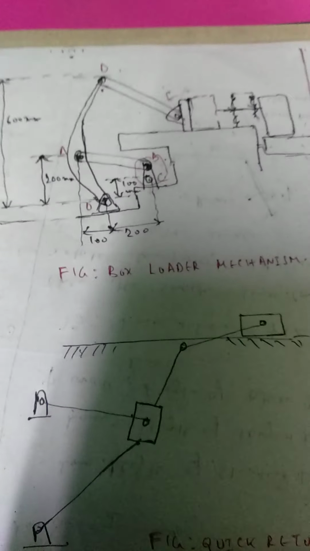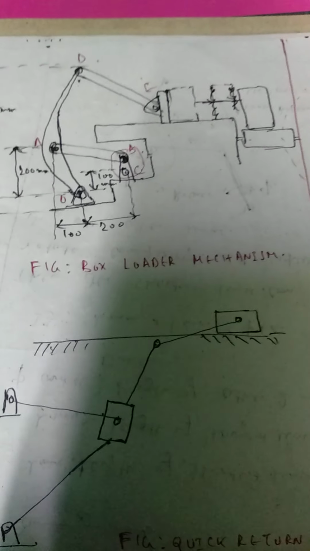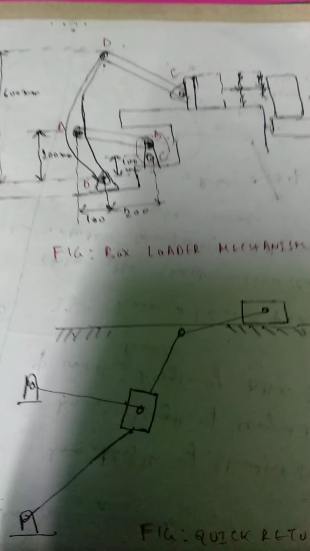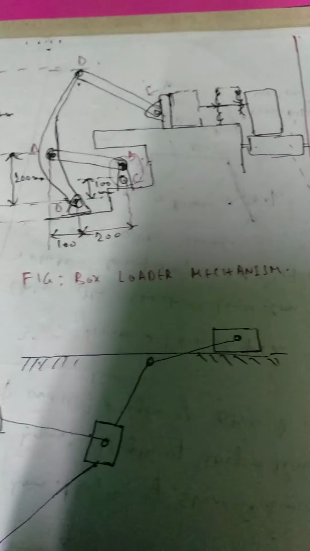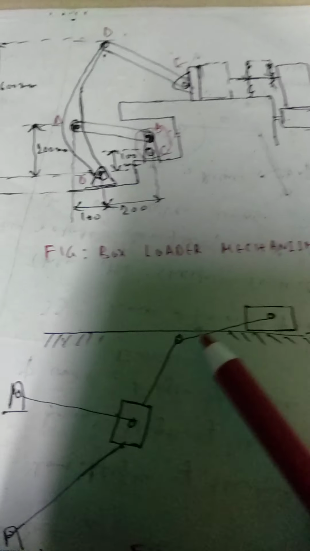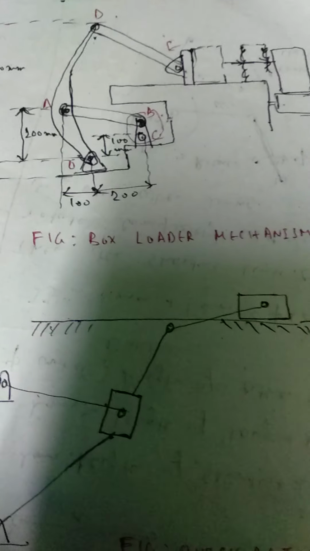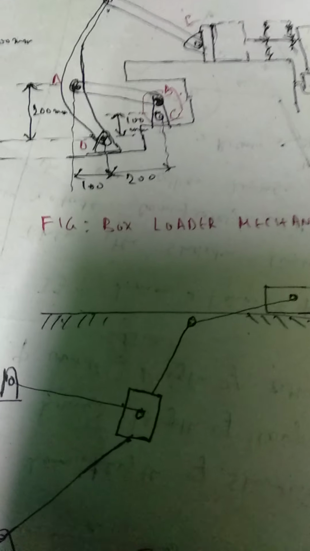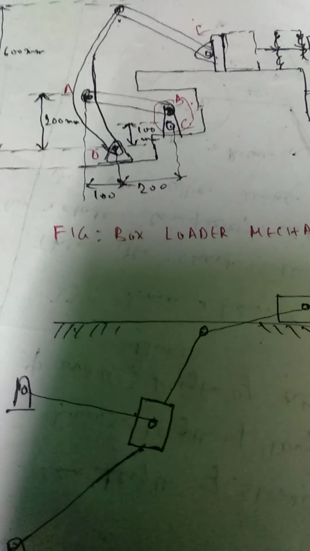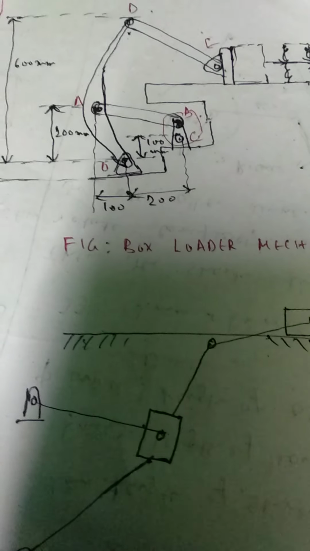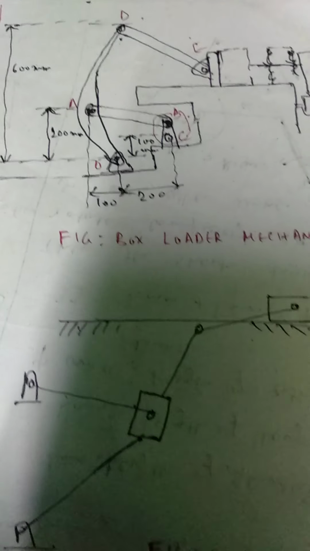Now let us look at an example of a 3R1P kinematic chain. This is a quick return mechanism which uses a 3R1P mechanism.